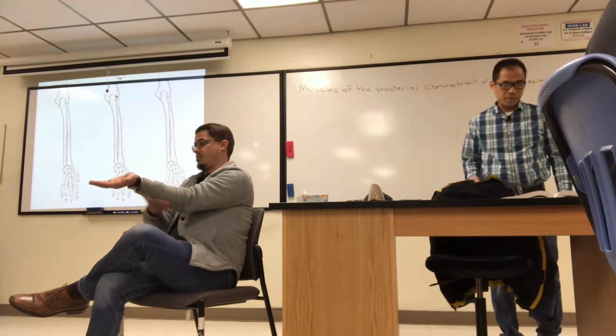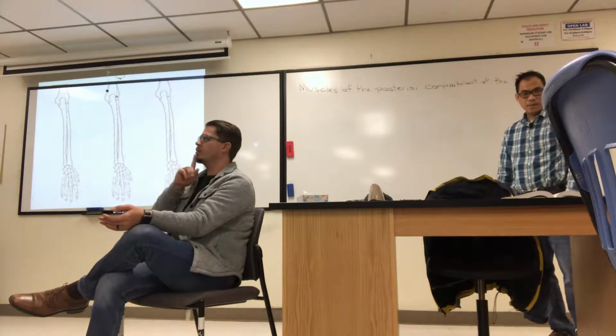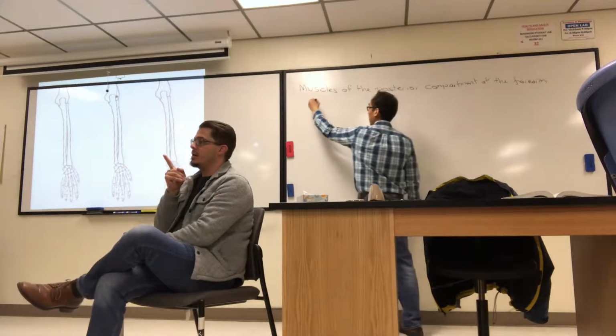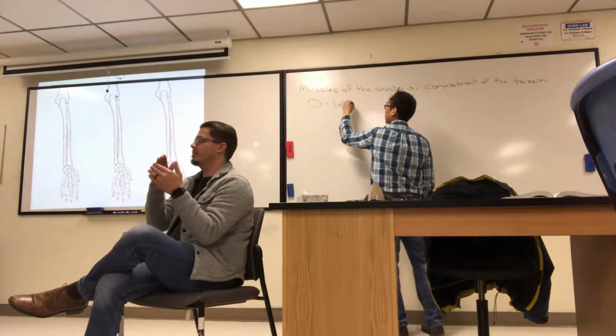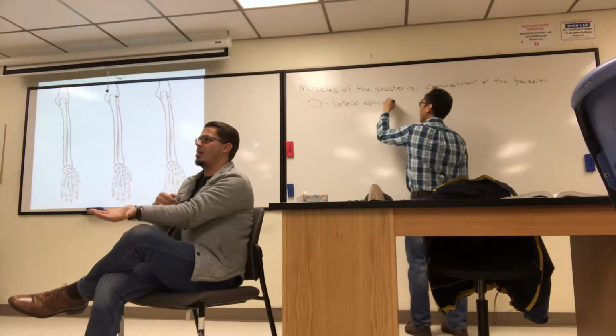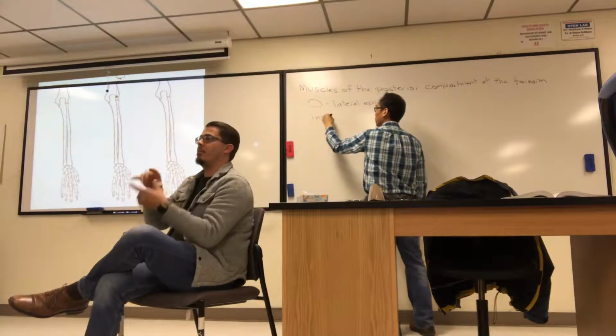So when you study the posterior compartment, kind of like the anterior compartment, there are things that all the muscles have in common. Namely, they all originate from the lateral epicondyle, for the most part. And they also have the same innervation, radial nerve.